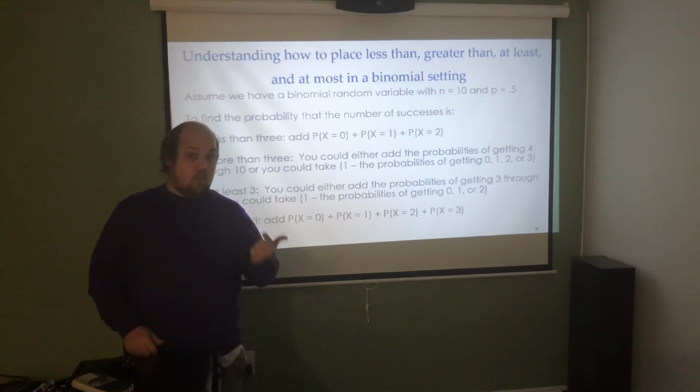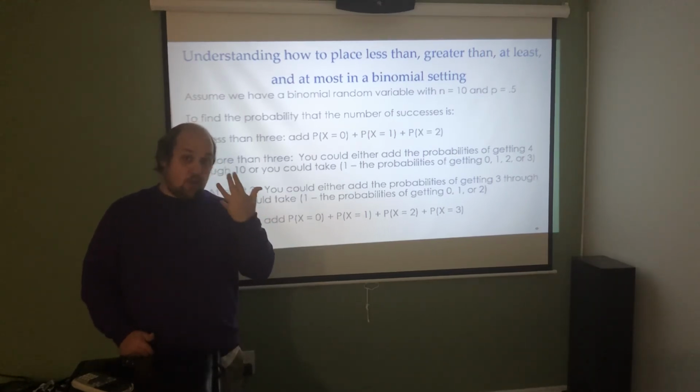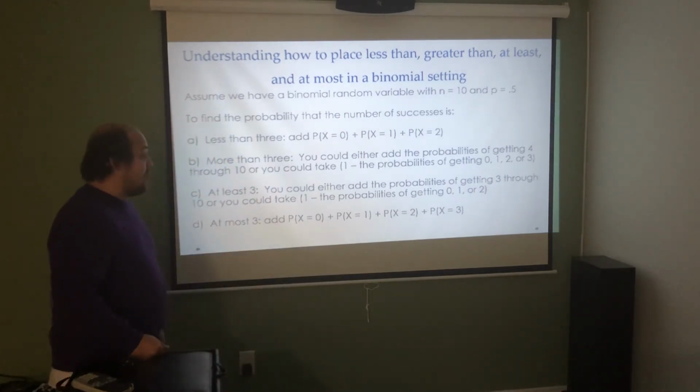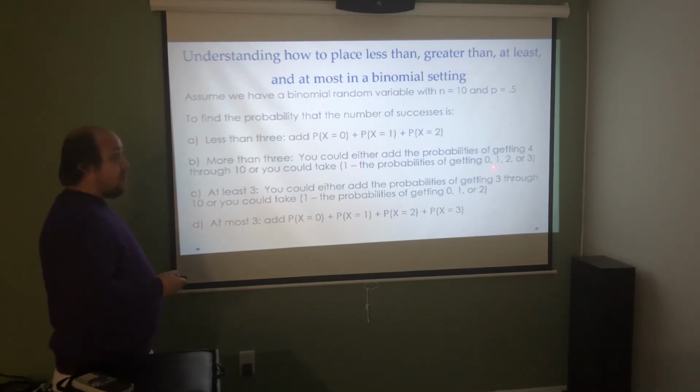If 0, 1, 2, and 3 are what's not included, that's 4 times I'd have to run the formula instead of 7. So there I'd be better off saying, why don't I take 1 or 100% of what can happen and subtract out the probabilities of getting 0, 1, 2, or 3.